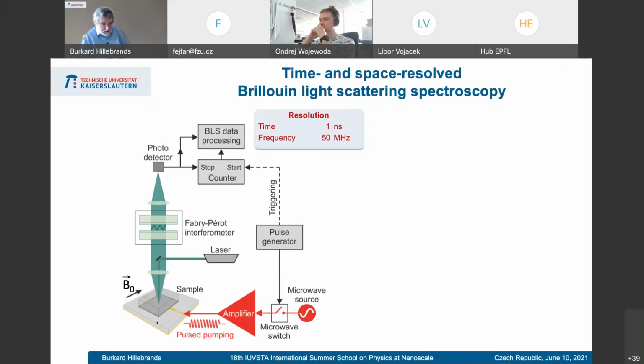We can also excite the spin waves with pulsed microwaves, and then we can measure the time between launching of such a generation pulse and the detection of the photons from the inelastic light scattering, and then we get temporal information. So we can make little movies, and you have seen such movies before when I showed you the initial videos of the propagating backward volume mode and the surface mode.